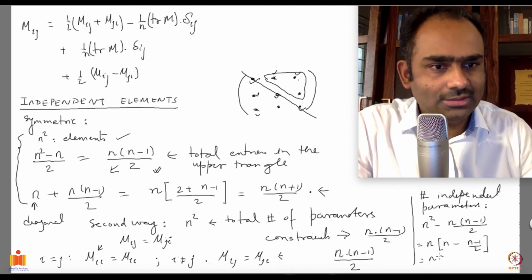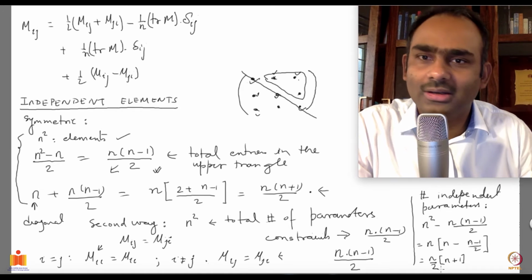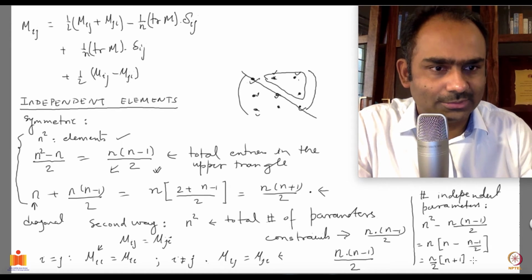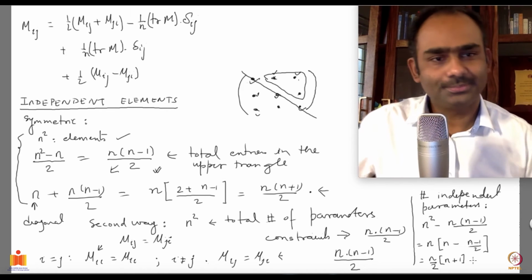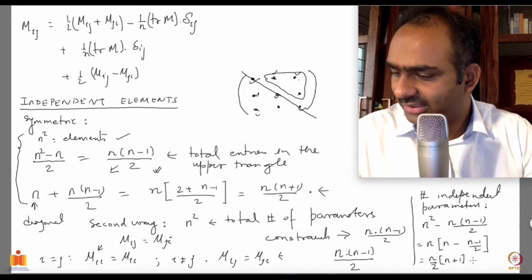So you have n, 2n minus n gives you n, that makes a plus 1, and you have a half here, which is n into n plus 1 by 2, which is same as before, right? So that's how you count for a symmetric matrix, that it has these many independent parameters.